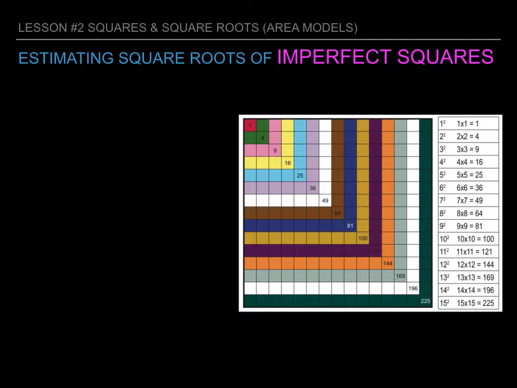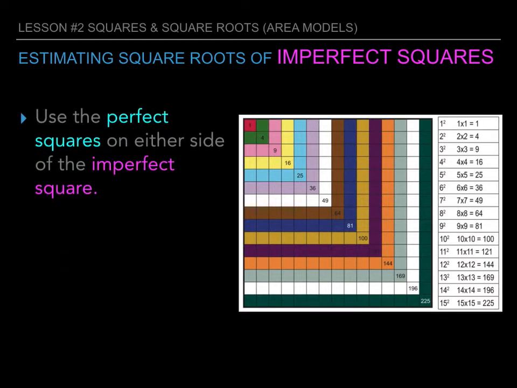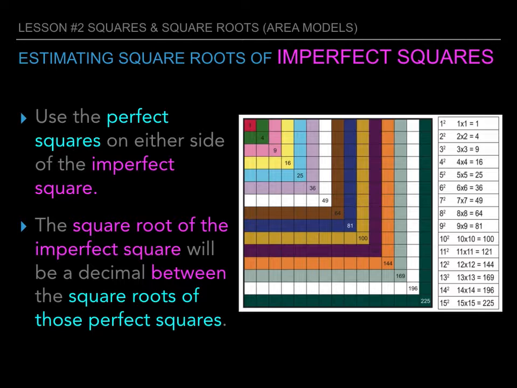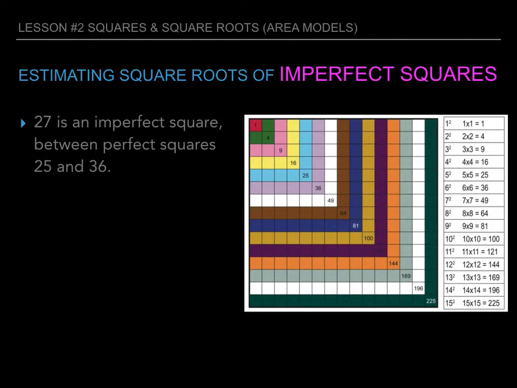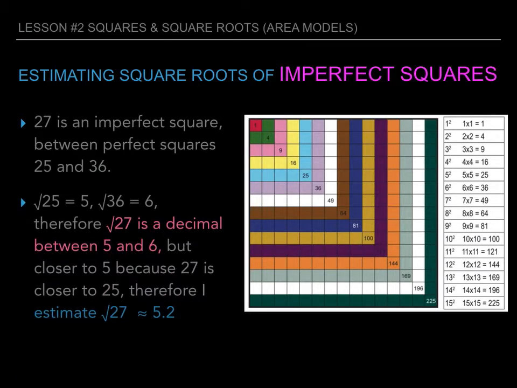How do we estimate square roots of imperfect squares? We use the perfect squares on either side of the imperfect square number. The square root of the imperfect square will be a decimal between the square roots of those perfect squares. So, for example, 27 is an imperfect square between the perfect squares of 25 and 36.